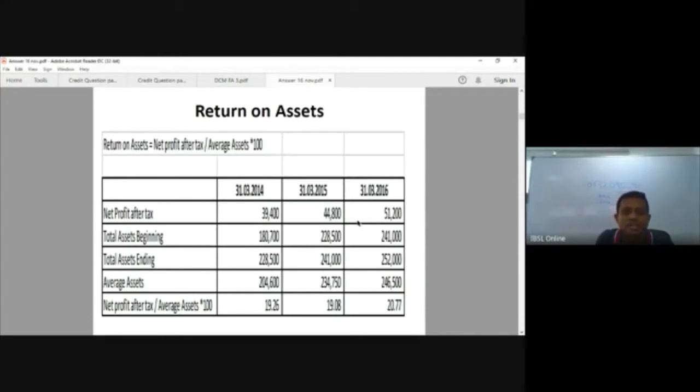I have given the answer sheet. Week after next, I will start from the beginning of this question and calculate all the ratios. You have 2 weeks to calculate for yourself and check with the answers. If you find anything difficult while calculating, you can contact me.